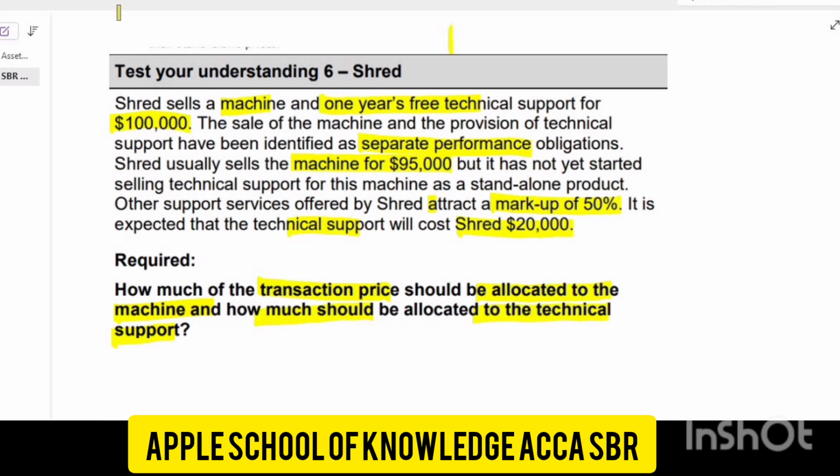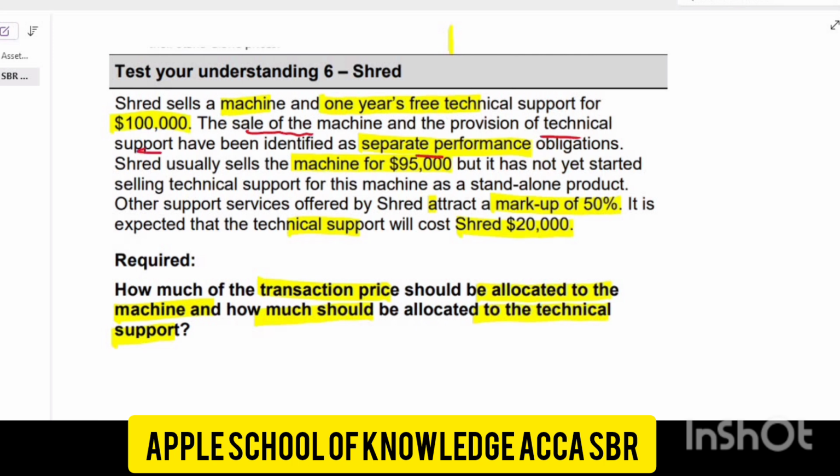Other support services offered by this company attract a markup of 50%, and it is expected that technical support will cost this amount. Now we have already studied that in this specific scenario the contract includes two separate performance obligations. The one is the sale of the machine, and the second is the technical support, and both have been identified as separate performance obligations.